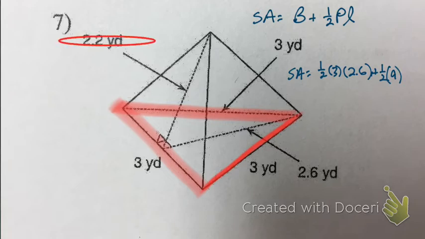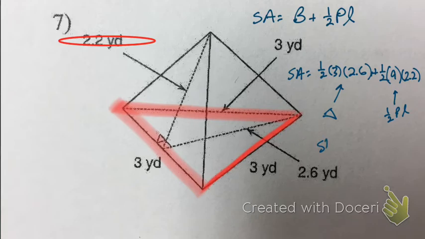And my slant height is right there, 2.2. So I just get everything in my equation before I worry about doing any computation. So right here, here's my triangle. And right here, here's my other 3 sides of triangles. This is the 1/2 perimeter of the base times the slant height.